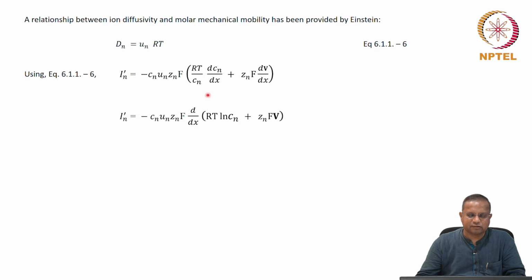Therefore, d/dx of RT ln Cn, that has been modified into d ln Cn, plus Zn f times the potential gradient, which is represented by V, the same V, the potential gradient here. The d/dx has come out here. So this is 6.1.1-7.